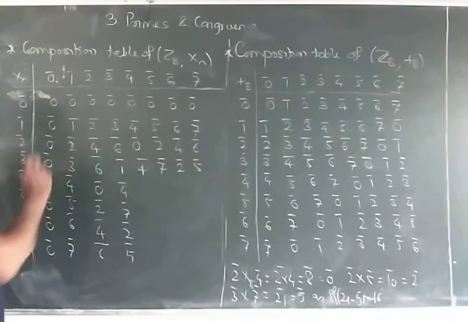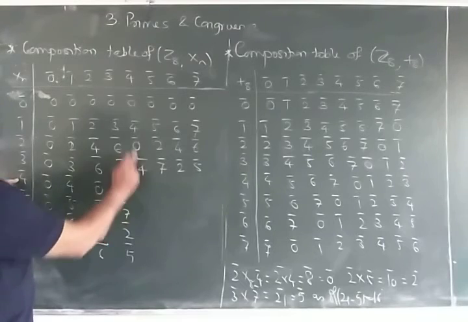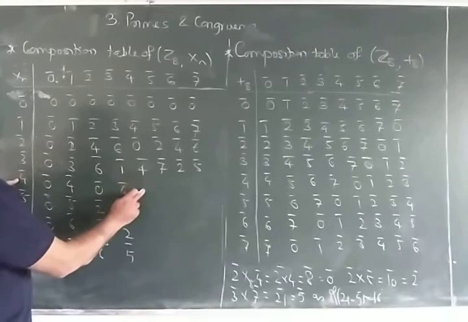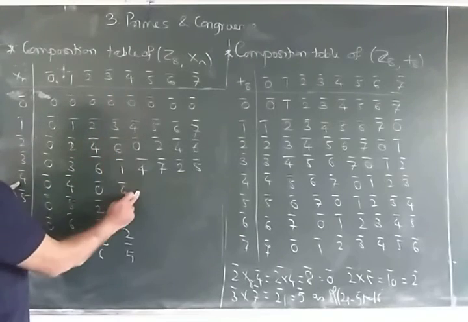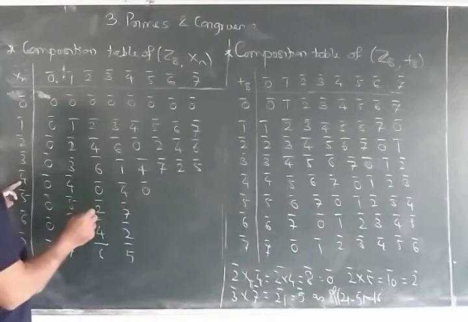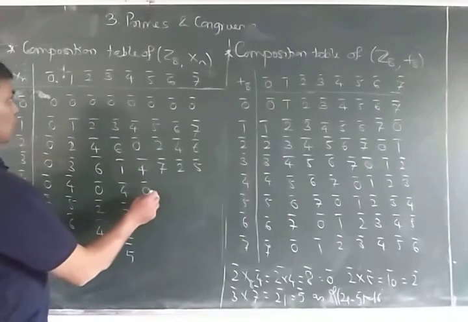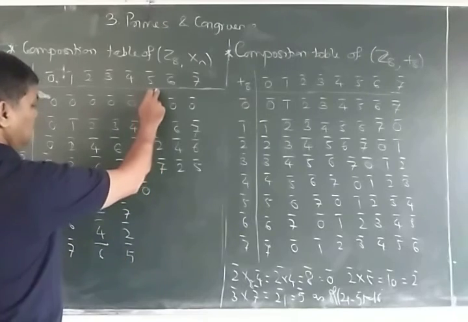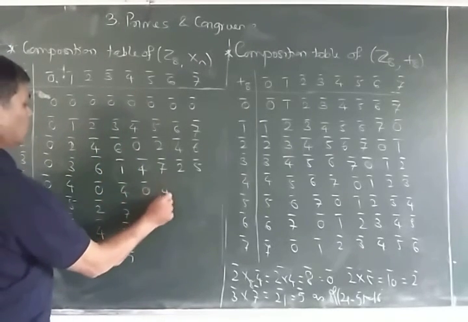4 bar into 4 bar is 16. 16 divided by 8 gives 0. 4 into 5 is 20. 20 divided by 8 gives 4.